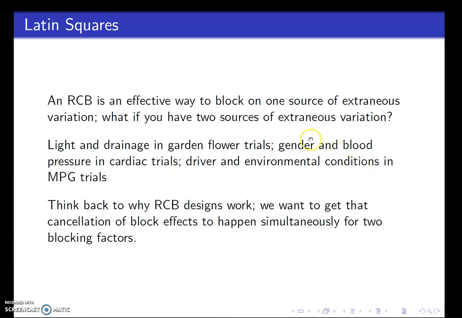It doesn't make sense. So we want to block for gender. That's an obvious one. Blood pressure is probably also a good one to block for, because there's all kinds of different natural levels of blood pressure that may or may not be able to be changed significantly.